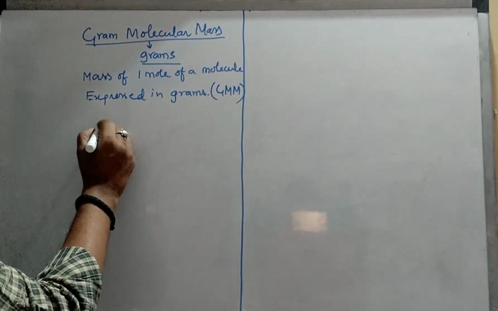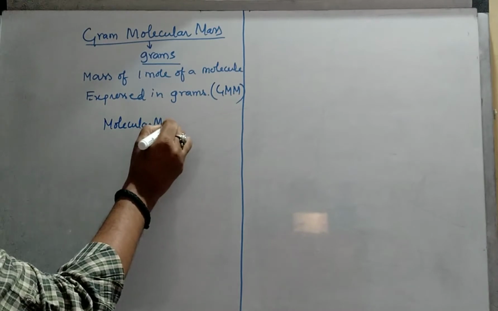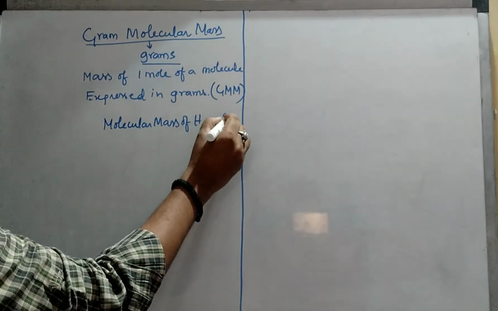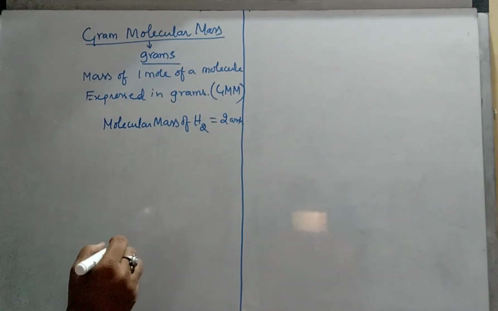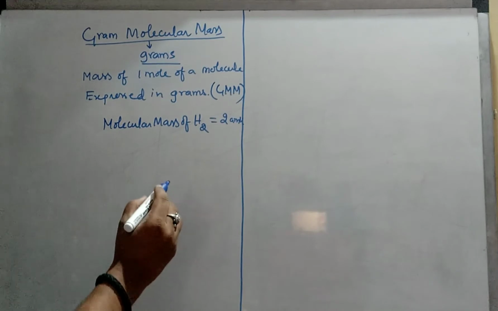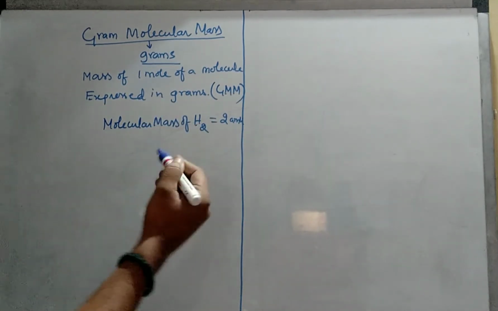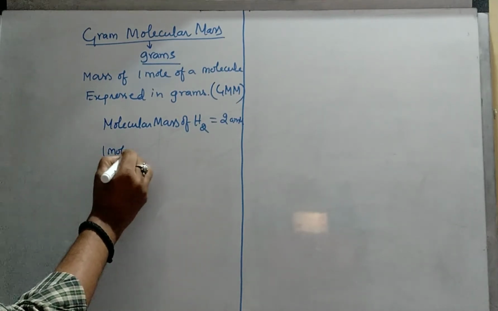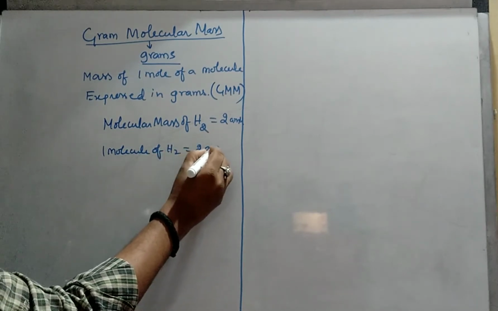Suppose we take the molecular mass of hydrogen. As you know, it is 2 AMU. So to express it as gram molecular mass, this is one molecule. One molecule of hydrogen is 2 AMU.